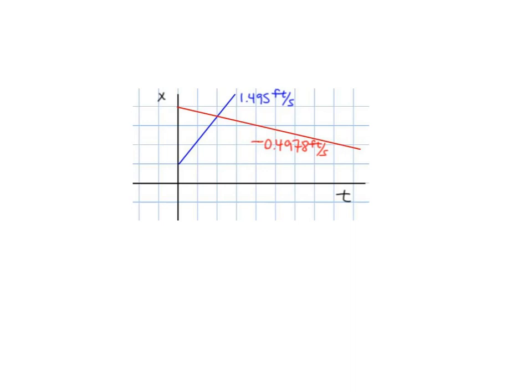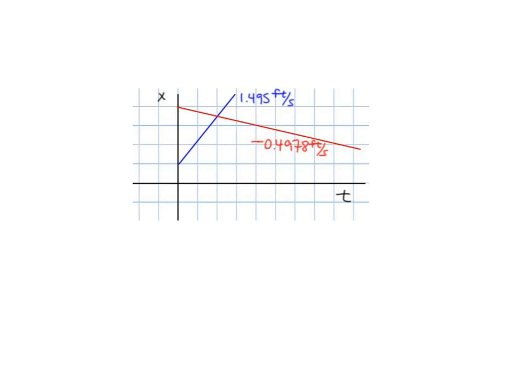Well, if you think about how quickly the position changes for the blue car compared to how quickly the position changes for the red car, then you would come to the conclusion that the blue car's position changes more rapidly than the red car. So we would say that the blue car is faster than the red car.